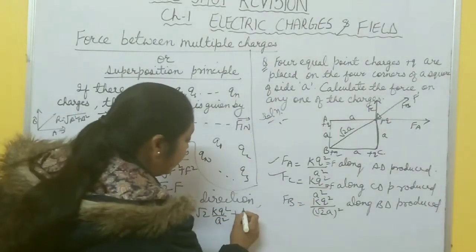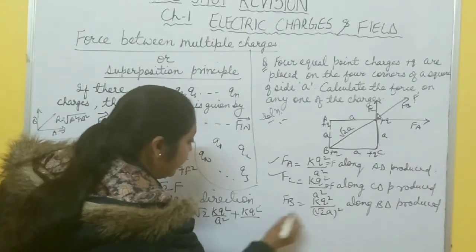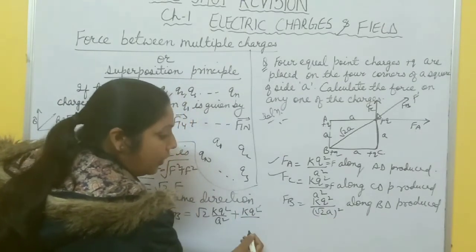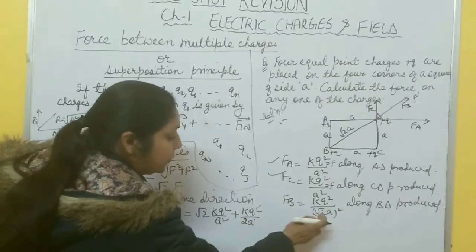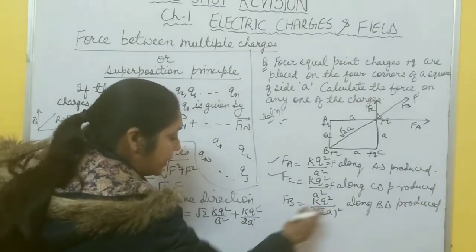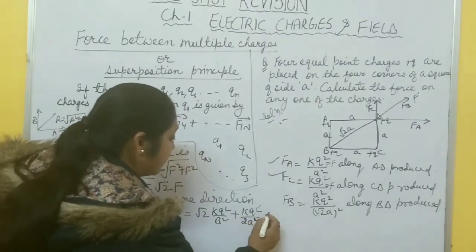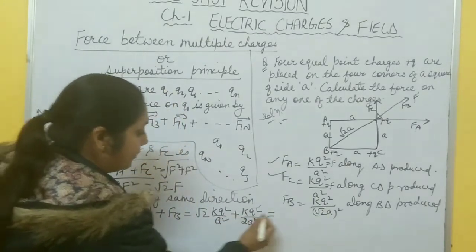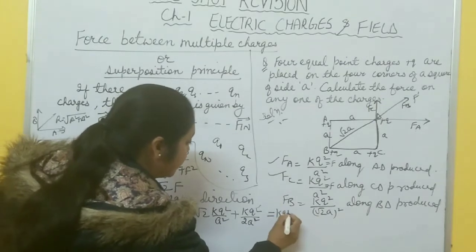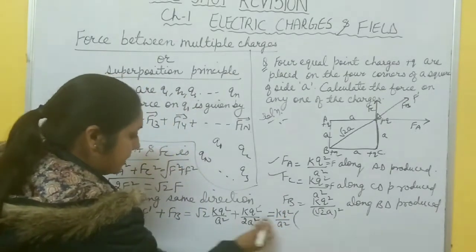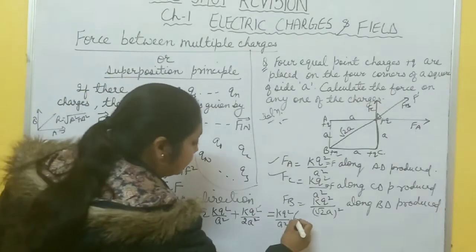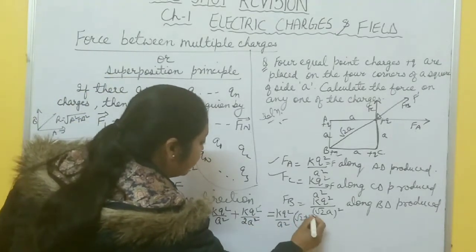FB is again K Q square by under root 2 A whole square. It means twice, root 2 square means 2, and A square. So this becomes equal to, you take common K Q square by A square, and inside this bracket root 2 plus 1 by 2. Right?